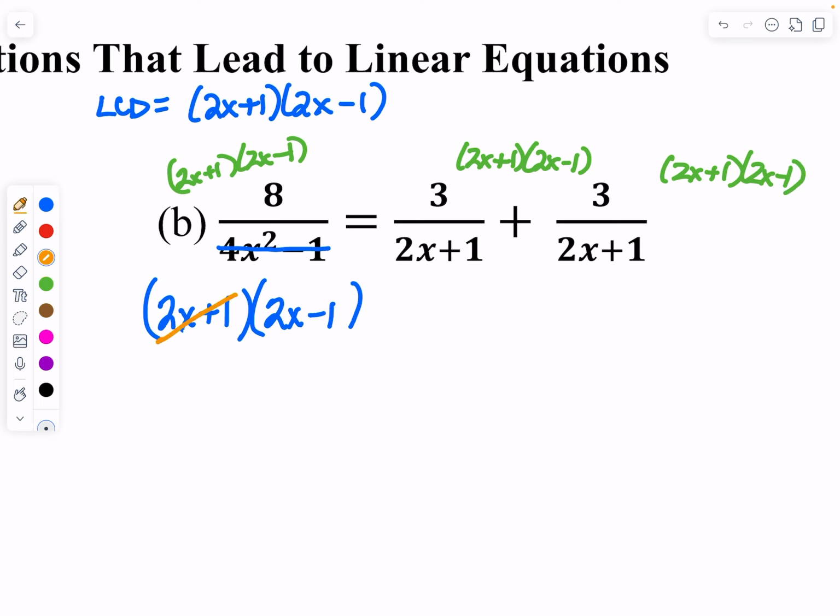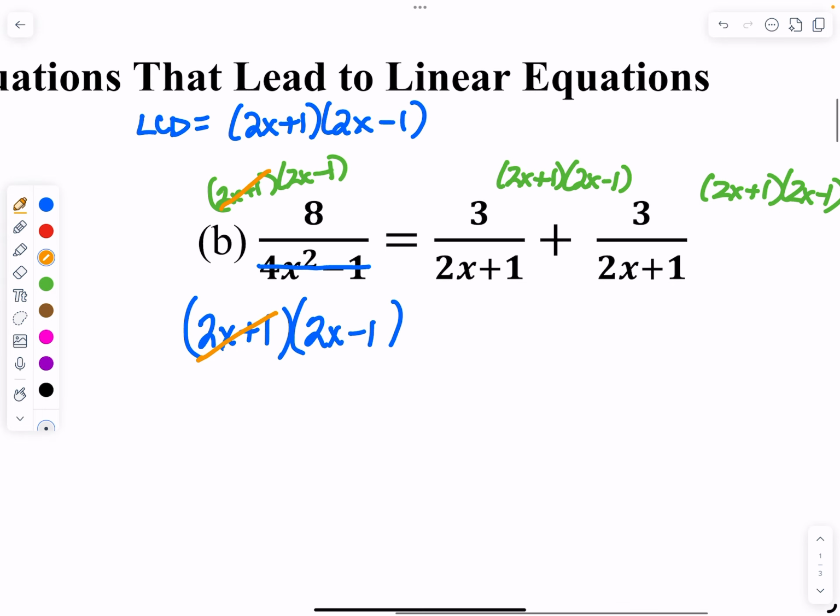So my 2x plus 1's cancel and my 2x minus 1's cancel, so that all I have left is my 8. And then I have an equal mark. So I'm going to write down 8 and equals. Now notice that everything canceled on the denominator. Okay, that should always happen. When you multiply by the least common denominator, if something is left in the bottom, you messed up. Okay, your least common denominator is wrong.